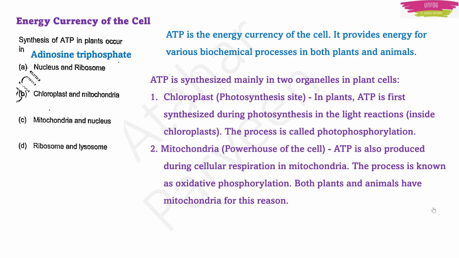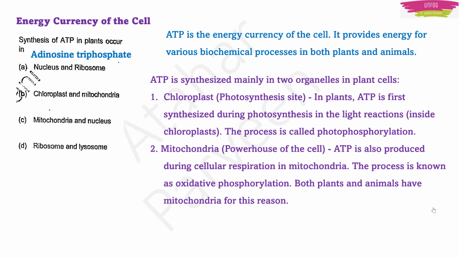ATP is produced in mitochondria during cellular respiration. The process of production of ATP is known as oxidative phosphorylation. Mitochondria is present in both plants and animals because of the production of ATP. It is called the powerhouse of the cell.